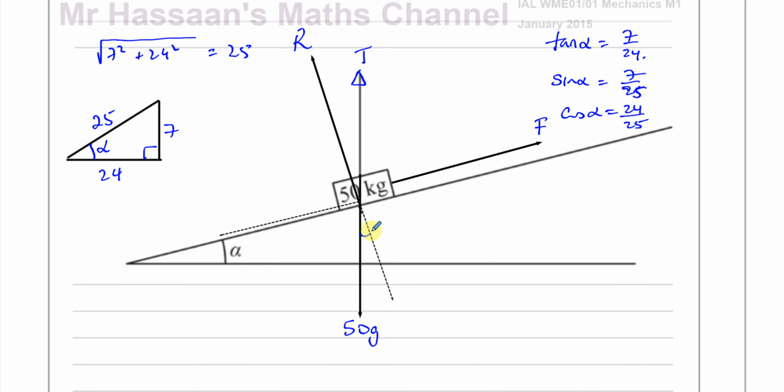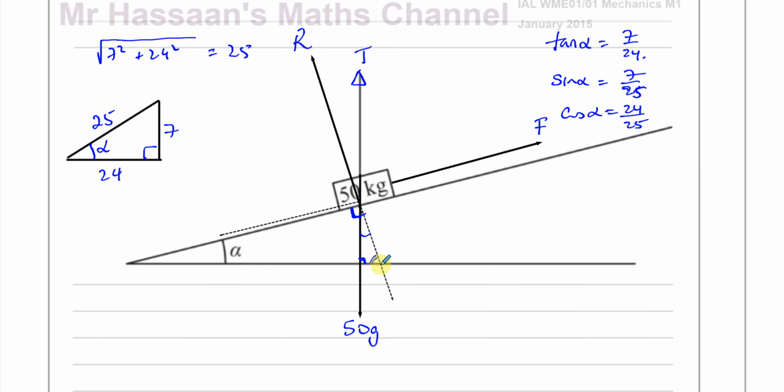So what we can do is compare this triangle here, which has a right angle in this place, and this big triangle that looks like this. This triangle is made with the component of the weight going perpendicular to the plane, which has a right angle over here. If you compare these two triangles, both of them have a right angle in these two places, and both of them share this angle here.